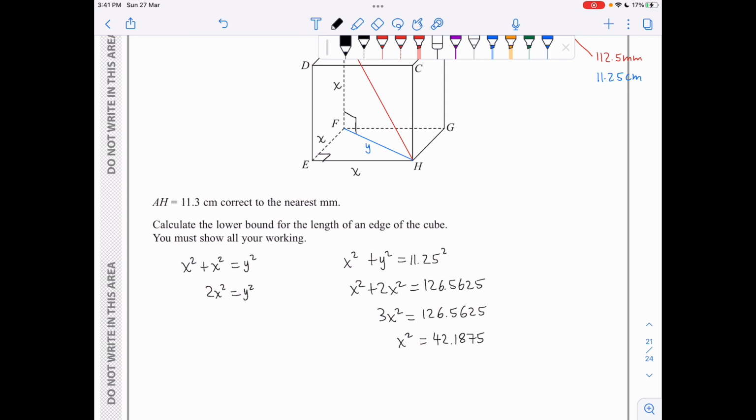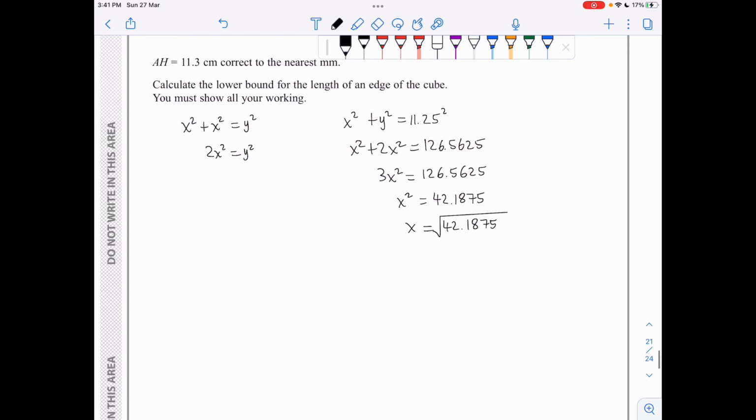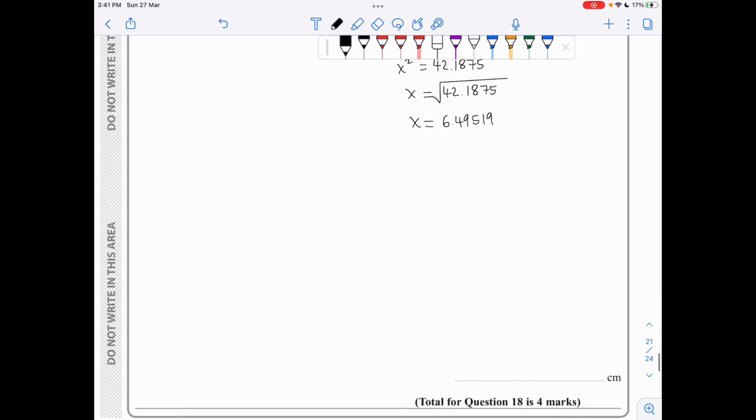And if I take the square root of that, I will be getting an answer of 6.49519. So to 3SF, this would be 6.50.